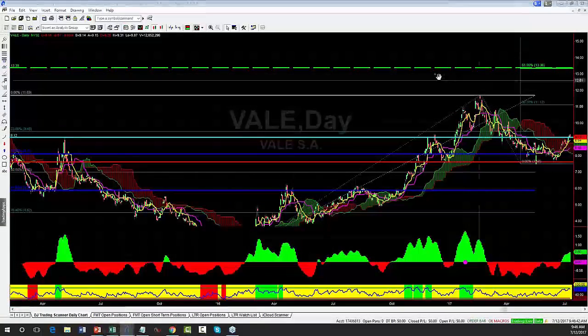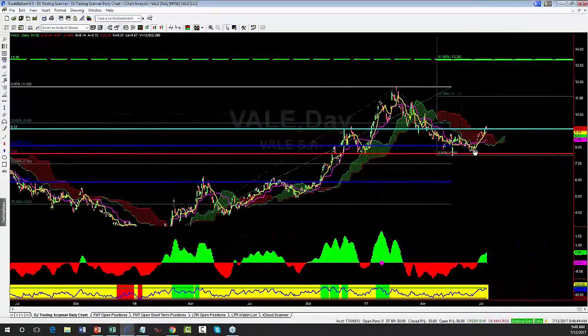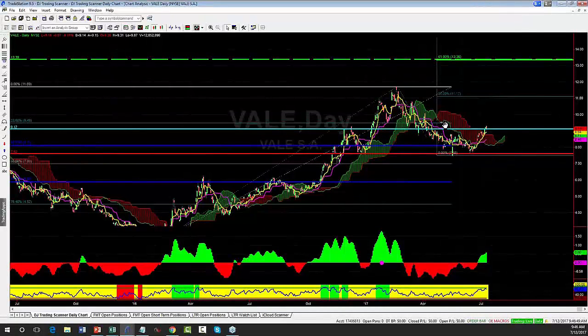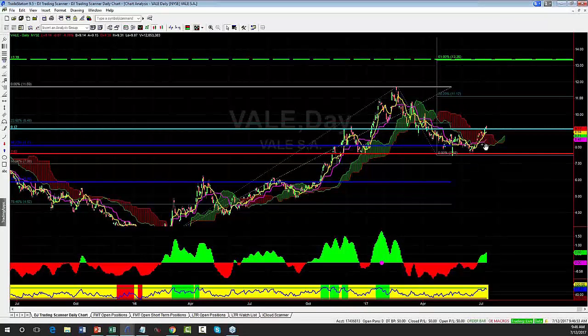I want my stop placed at a point on this chart where, if it goes down to there, it tells me that the uptrend pattern of higher high, higher low, new high has been broken. It's no longer an uptrend. That's when I want to get out of that stock. Otherwise, it could just be a higher low and it's going to go make new higher highs. And then I trail them as we go.